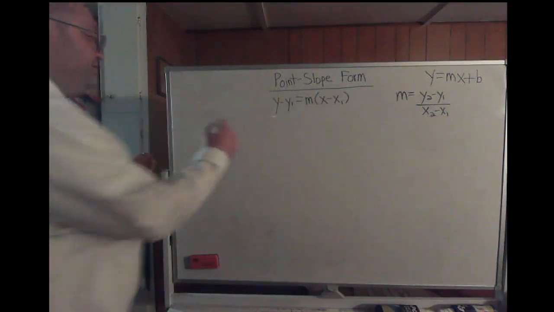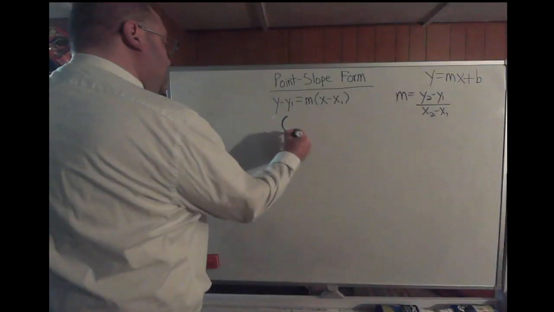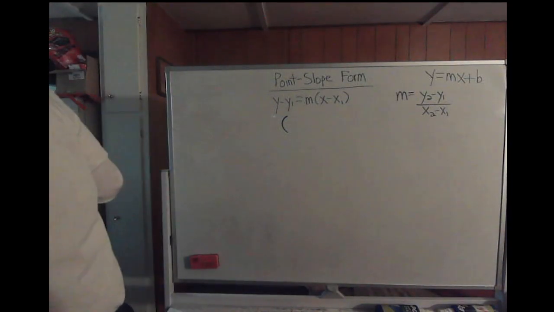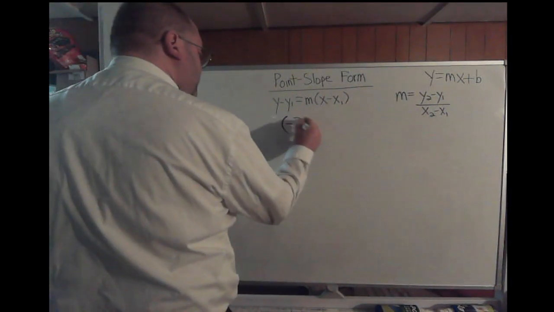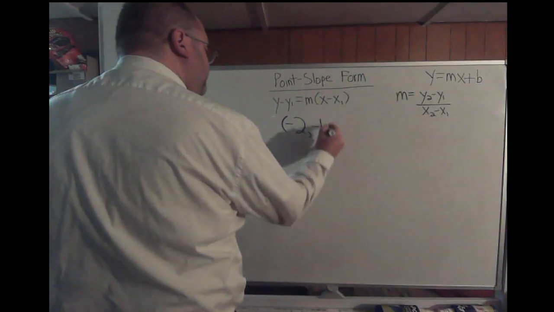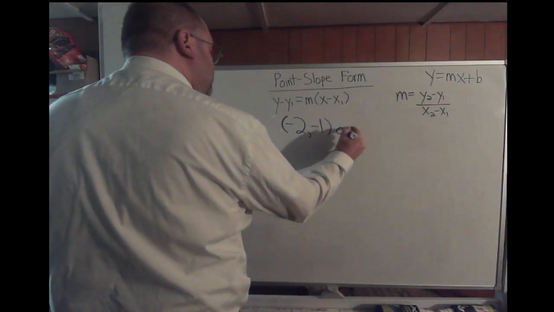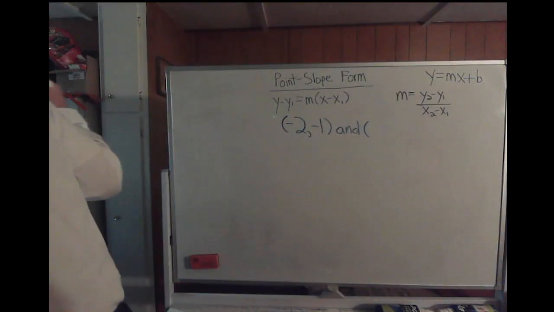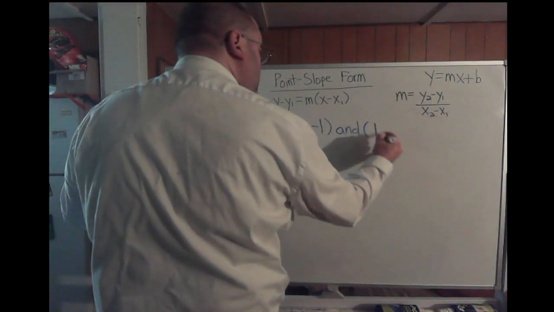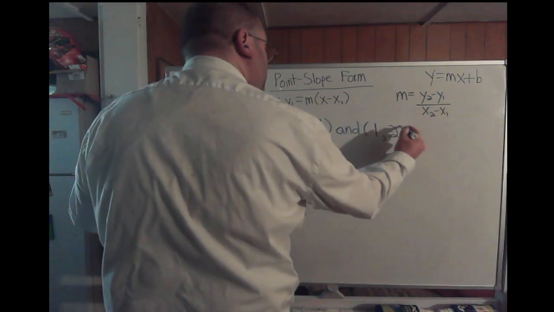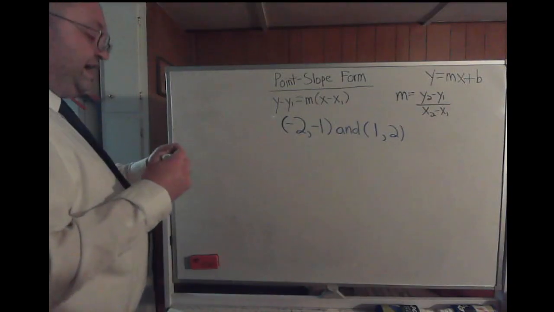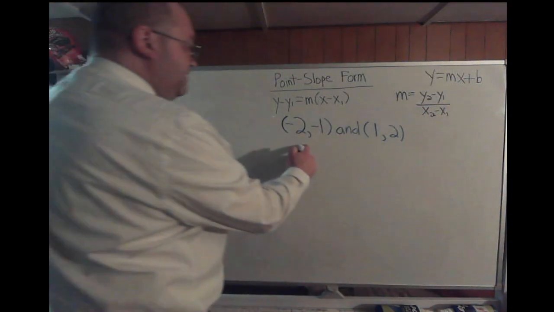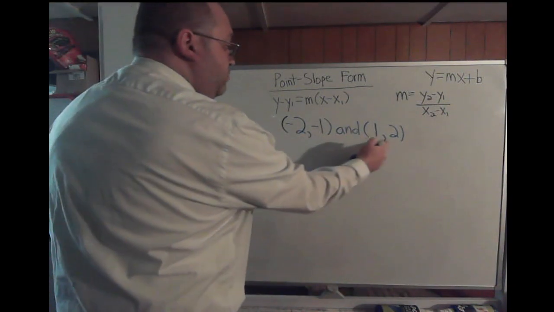Let's say we're given the points -2, -1, and what's the second point? 1, 2. Okay, so we have a line that runs through the points -2, -1, and 1, 2.